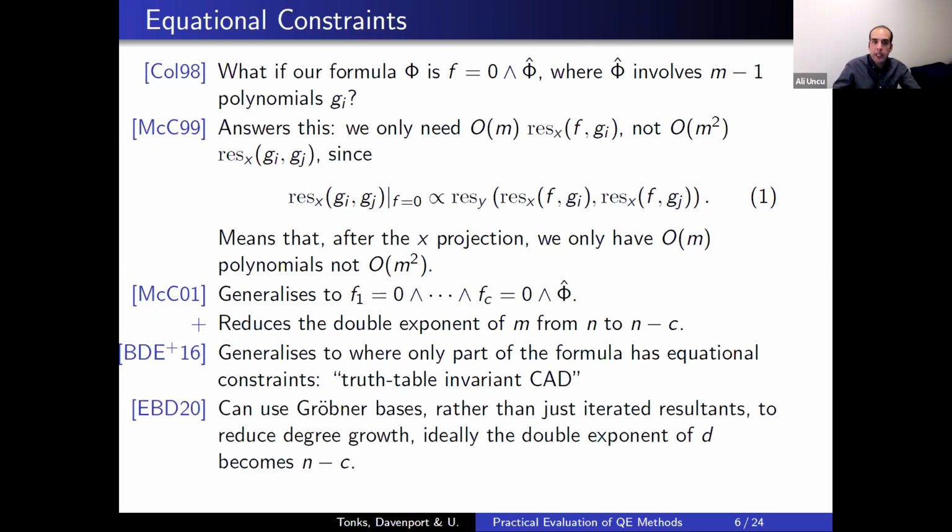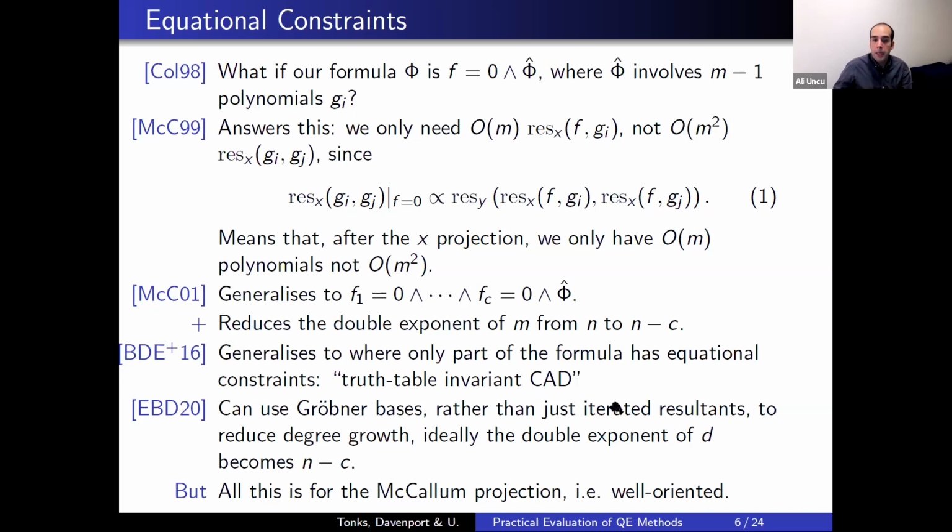And even later, last year, England, Bradford, and Davenport said that we can even do pre-processing. We can use Gröbner bases rather than just having iterated resultants to reduce the degree growth. We can just use the Gröbner bases as we like to drop these degrees. But the point is, all of this was done for McCallum projection.